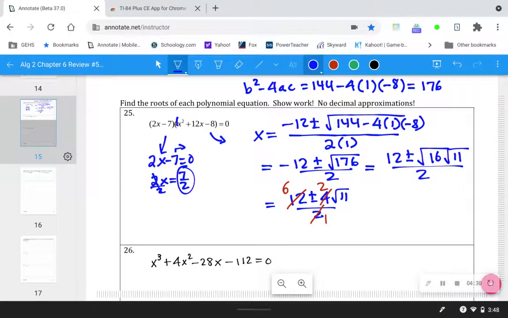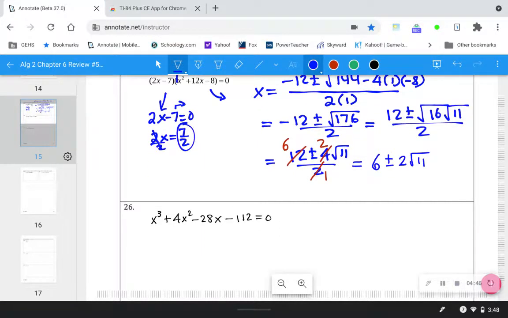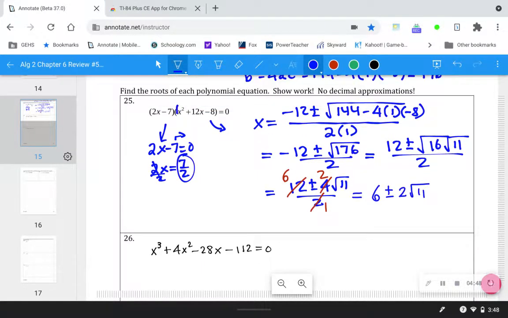And just clean it up. You got your answer here, which is 6 plus and minus 2 root 11. And that's over 1, but I'm just going to leave that off. All right, so we're done with that problem. And we've got those two answers and the one we circled earlier.